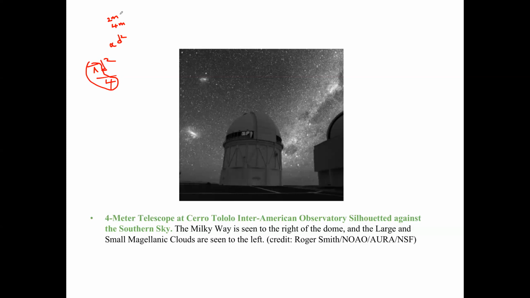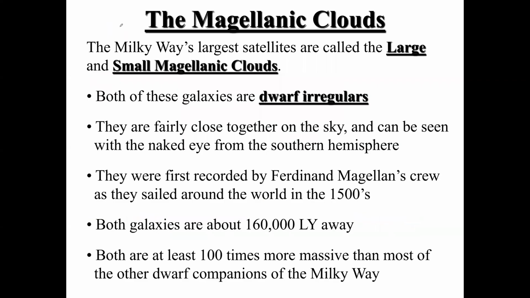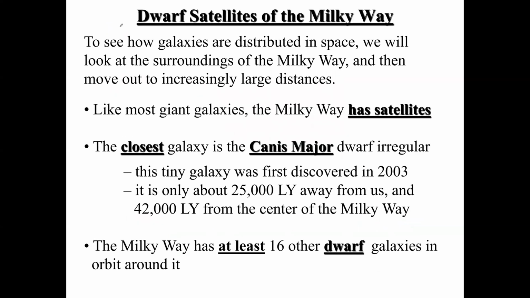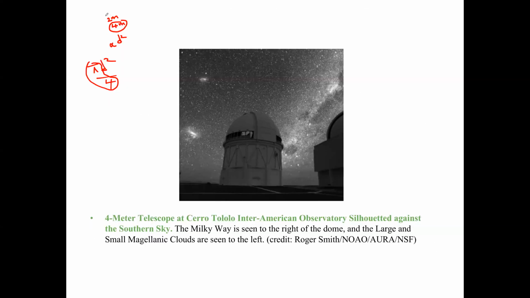So this 4-meter telescope, 4 squared is 16 and 2 squared is 4. That means the 4-meter telescope has a light gathering ability that is 4 times larger than the 2-meter telescope, right? So that's the idea.